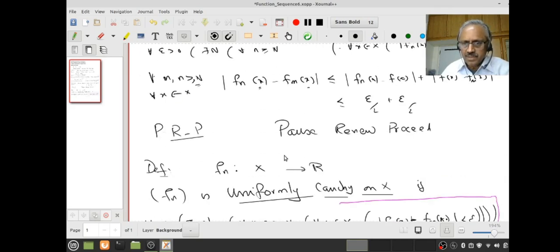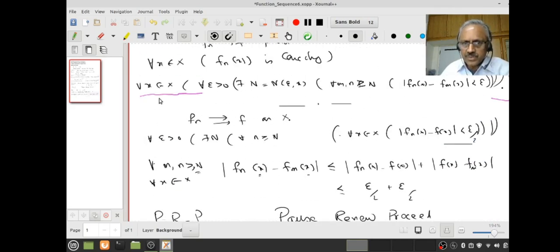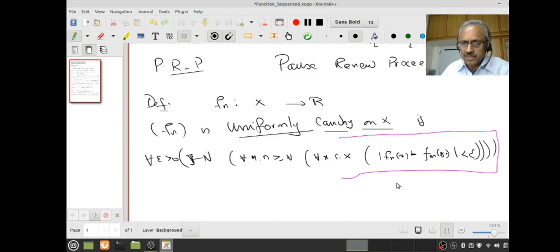Here for x it starts with pointwise convergence; here x is the interior. Please pause, review, and try to write on your own now. Just close this, pause the video, take a pen and paper, and see whether you can write the uniformly Cauchy definition. It will be a good thing. That will give you confidence.